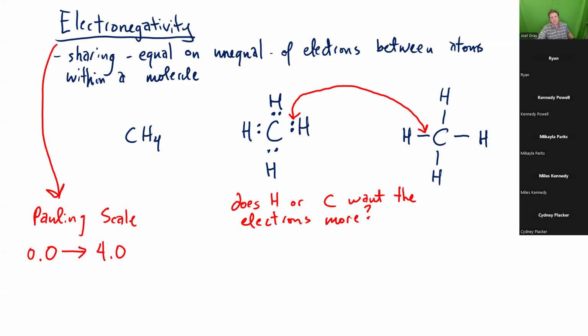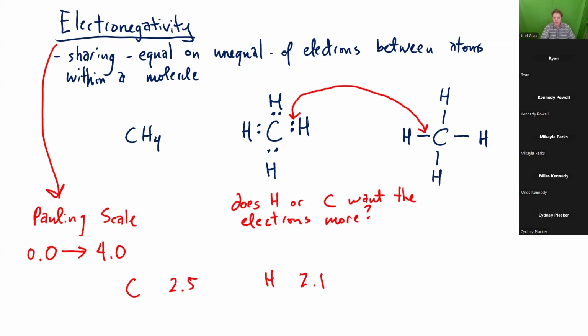Our most electronegative element is fluorine. Carbon has an electronegativity of about 2.5, and hydrogen has an electronegativity of about 2.1. These numbers, I don't need you to commit to memory or anything like that.